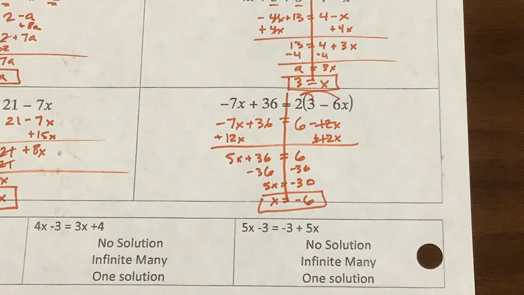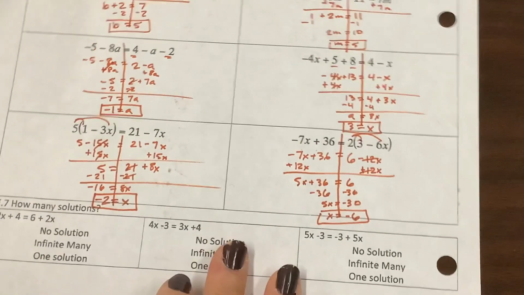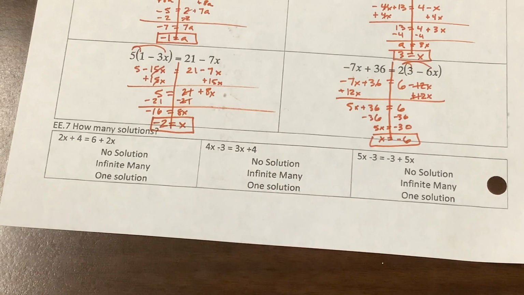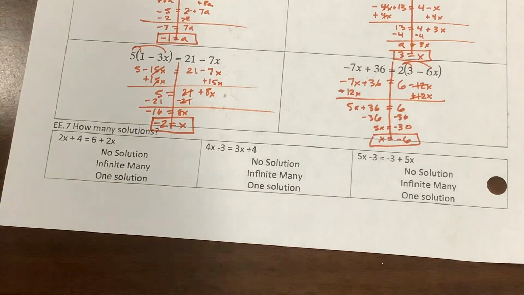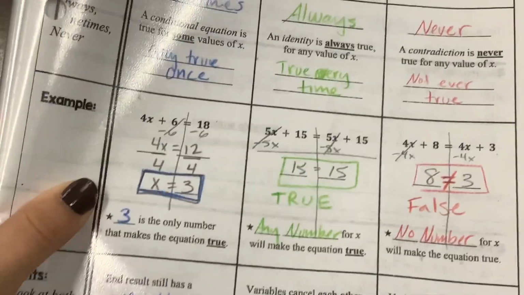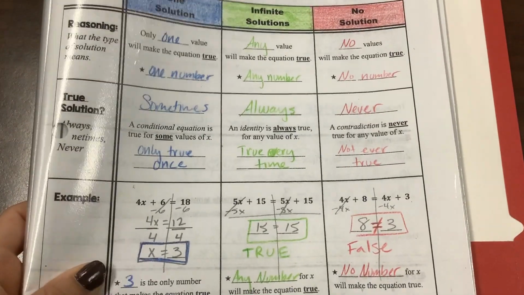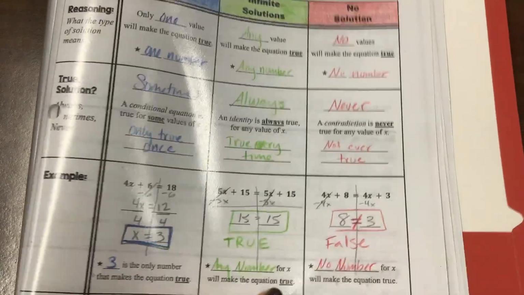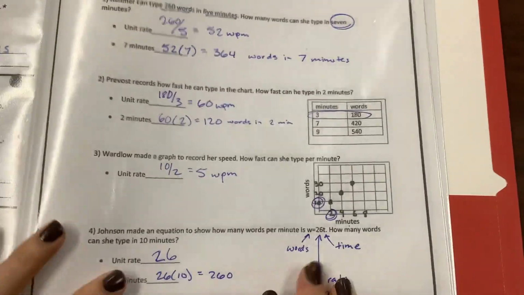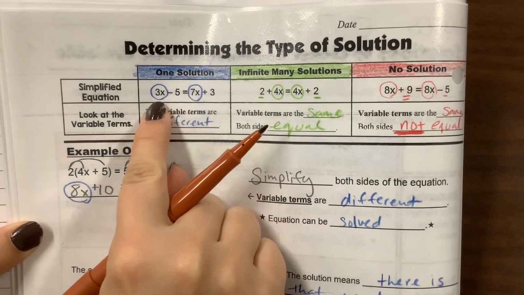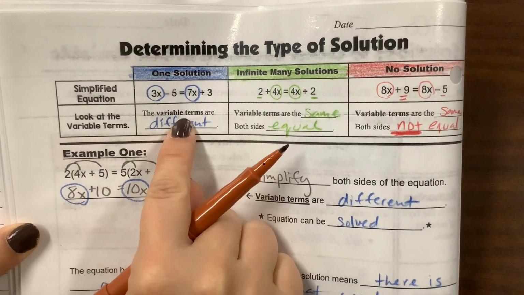All right, now, to identify how many solutions, we do have notes over that also. So if you remember, we color-coded those. That was these here. We decided that we only need to look for the variable terms first. So remember, if it's different variable terms, it's one solution.